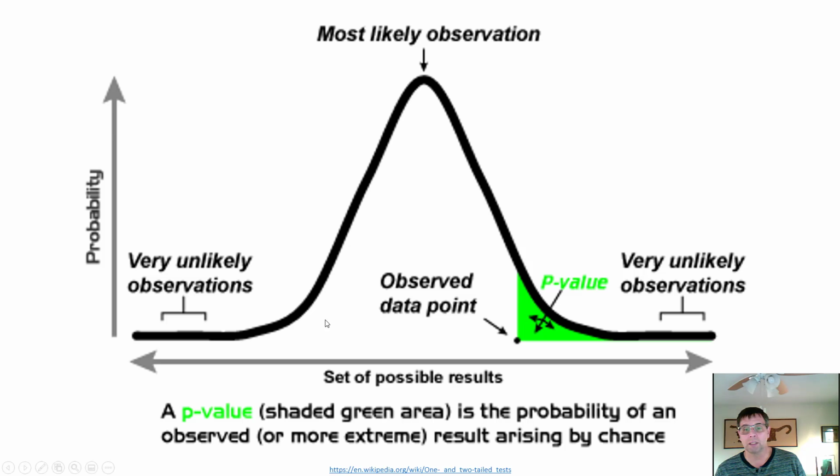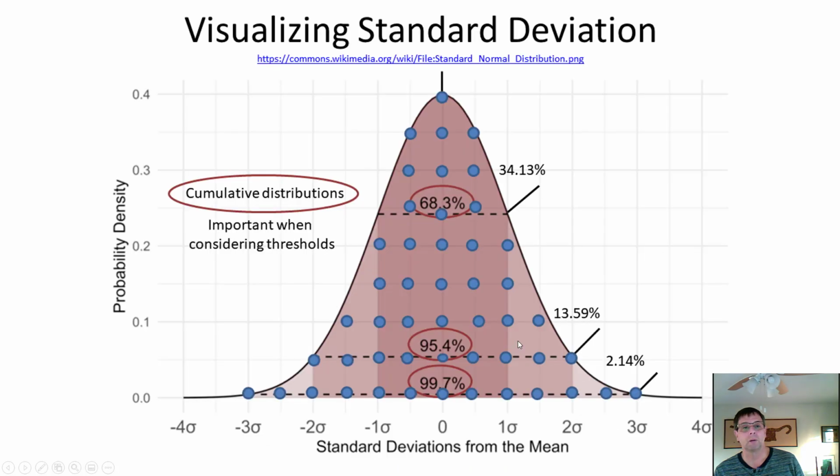And notice that the p-value here is set up by a value that you're going to have from a table, and that will correlate to the p-value. Okay, and I just want to visualize this again.